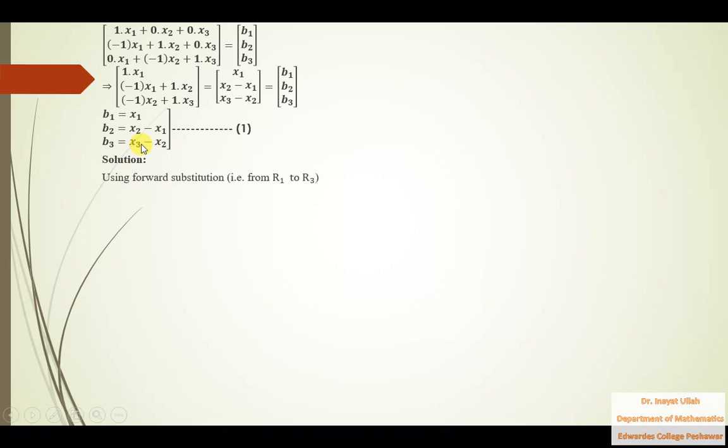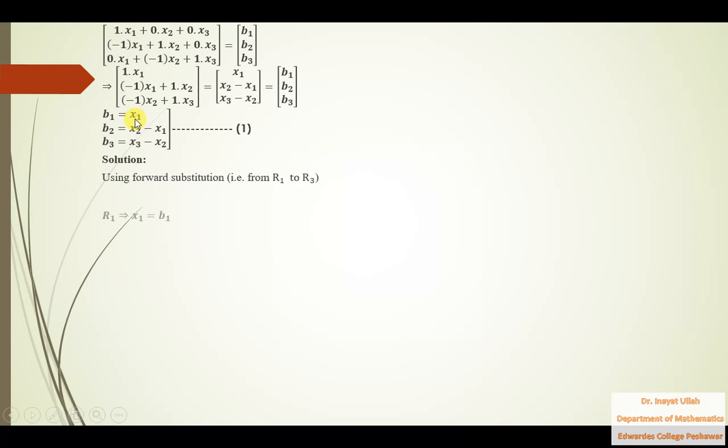And whenever the calculation starts from the third equation and goes up to the first equation, that is called back substitution. Now we see here, because we can find x1 from the first row, that is forward substitution.